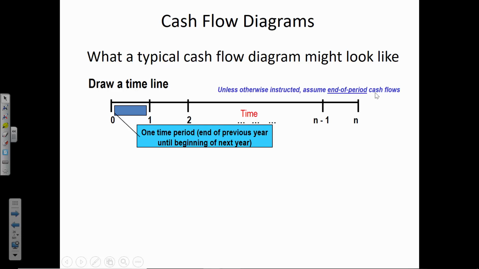If you're operating a business and you're trying to summarize your revenue and your costs on a cash flow diagram, you take all of your revenue and all of your expenses and combine them together and represent all of them at the end of the period that they apply to. So if you're doing a month-by-month summary, then at the end of this month is where you'd put the arrow associated with the revenue or the costs.